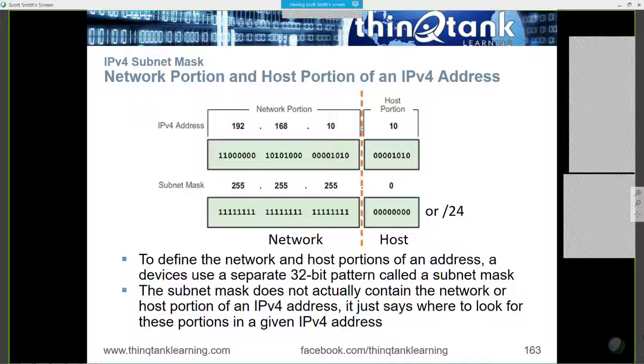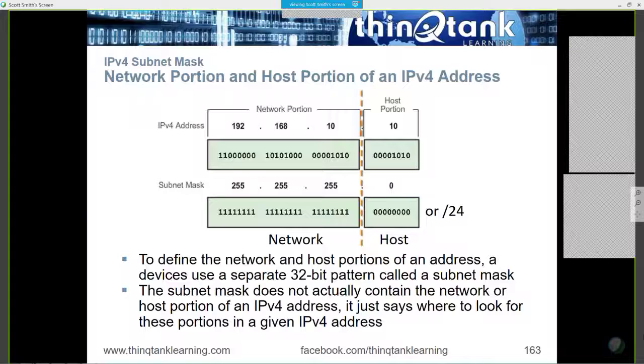You might see a subnet mask written in dotted decimal format. You see it up there, 255.255.255.0. Or you might see a mask written in prefix notation, slash notation. Some people call it CIDR notation. I don't like to call it CIDR notation because CIDR means classless.